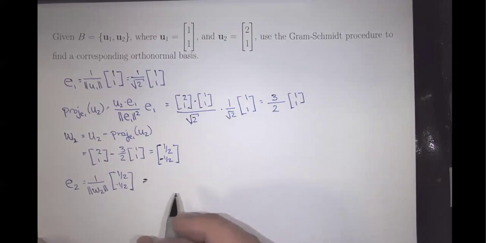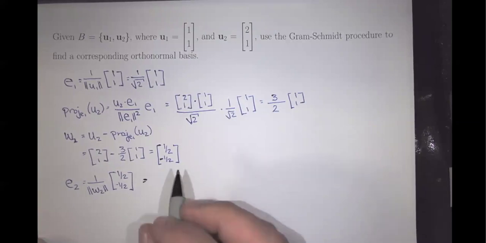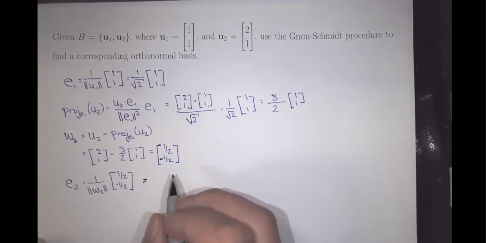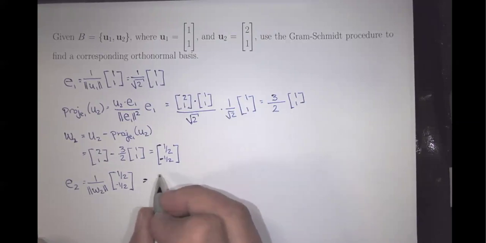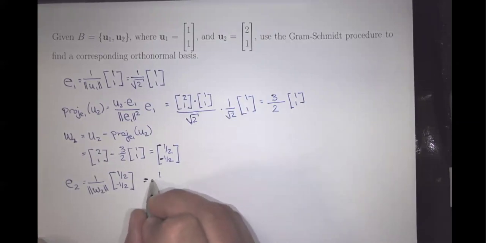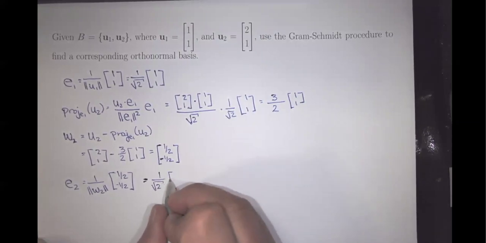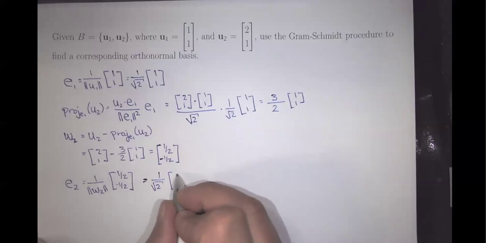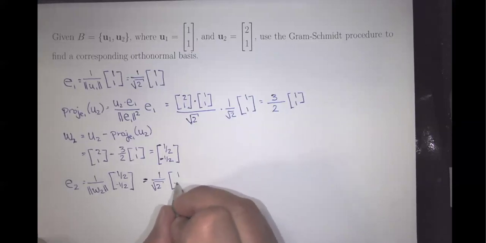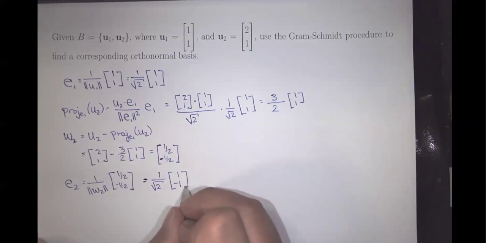And so we end up able to rewrite this as 1 over root 2 times (1, negative 1).